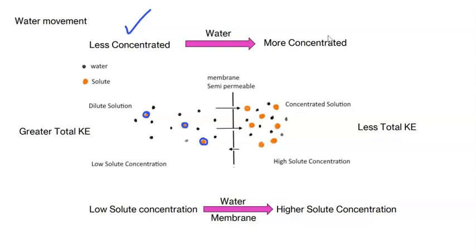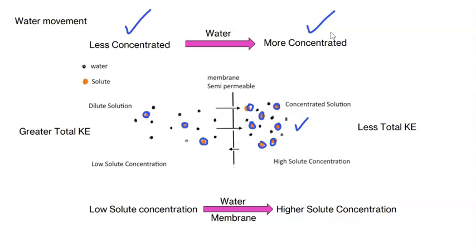These would be soluble molecules such as sodium ions or chloride ions, or indeed both. And then we have a more concentrated solution, on the right hand side here, and you can see there are way more solute molecules on the right hand side.